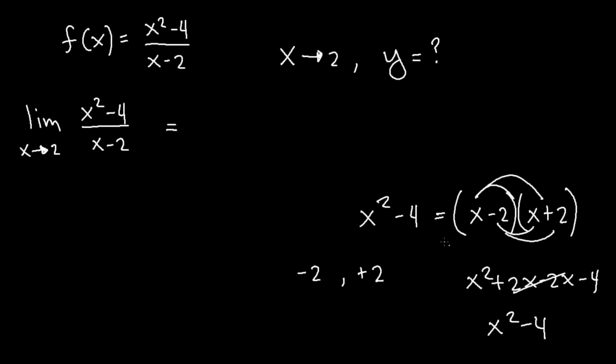So x squared minus 4 is equal to x minus 2 times x plus 2.